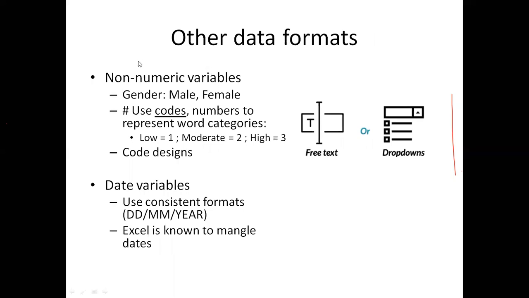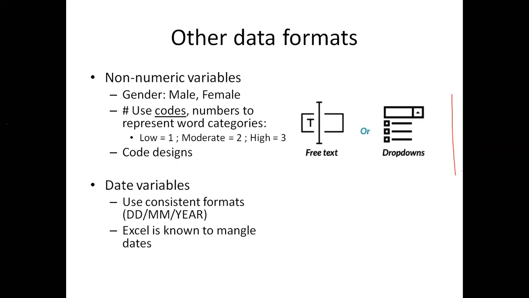You might have non-numeric variables, and when there is a non-numeric variable, you try and see if you can, as I said before, code those word categories. Make sure that you have appropriate codes that represent those categories. Sometimes if there are only a few categories, the coding becomes easier.